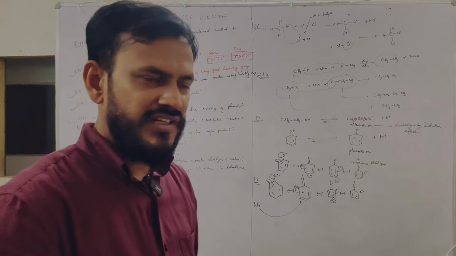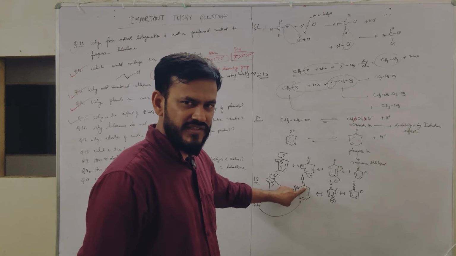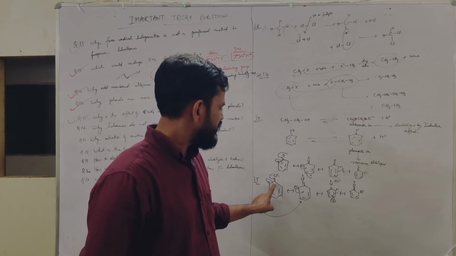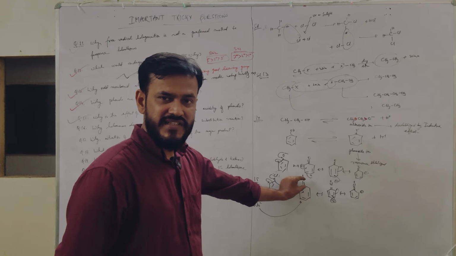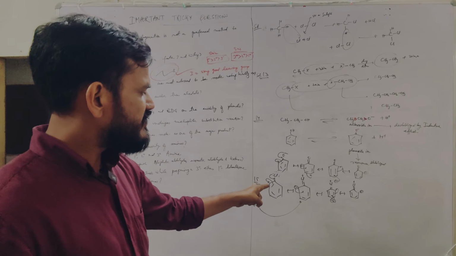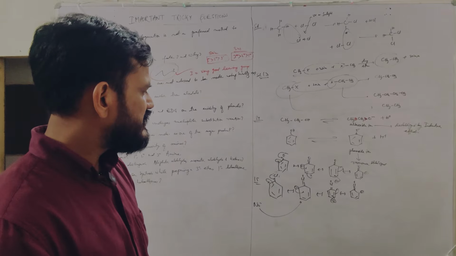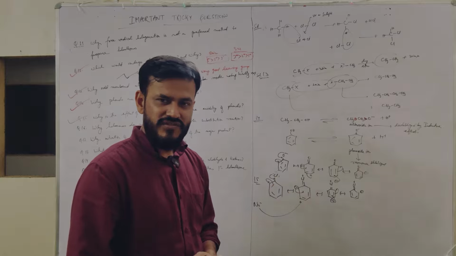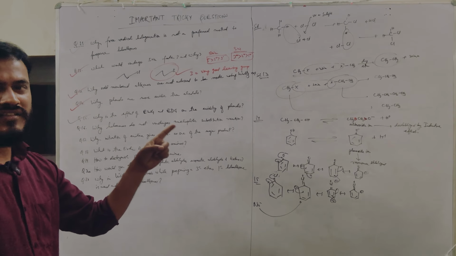Also, this carbon is sp2 hybridized, so the bond length is shorter and the bond is stronger between this carbon and the halogen, so it is difficult to break. So mostly because of this resonance repulsion, the sp2 hybridization, and also steric hindrance, because benzene is quite a big structure, these four factors make nucleophilic substitution reaction very difficult.